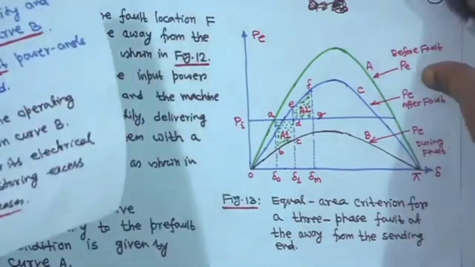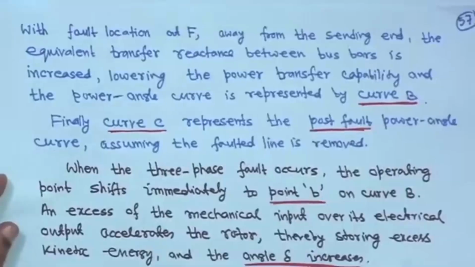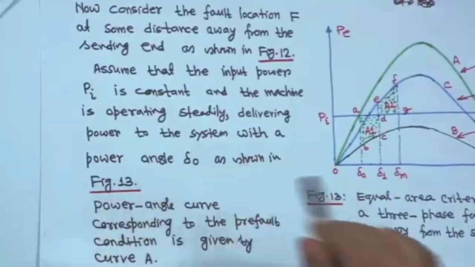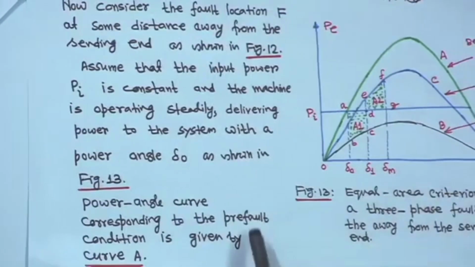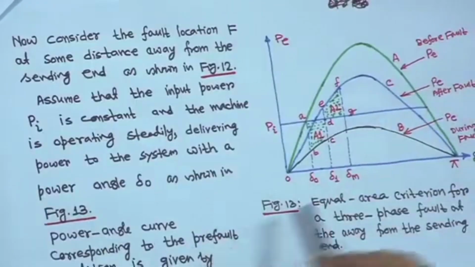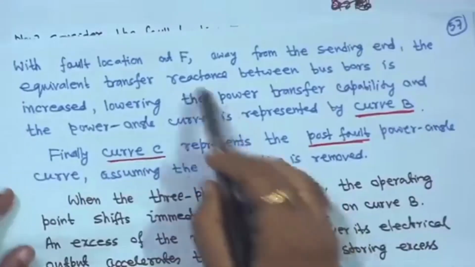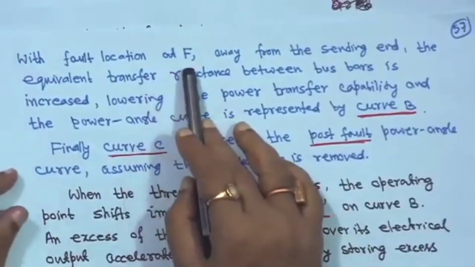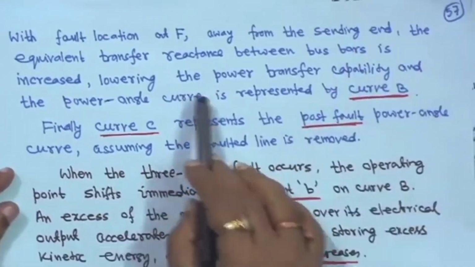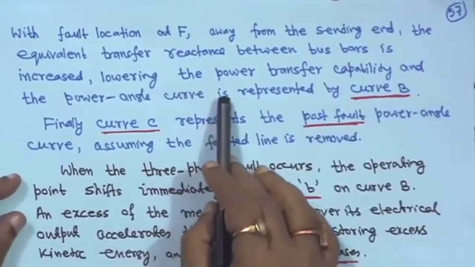Whatever I said, everything is written here. The power angle curve corresponding to the pre-fault condition is given by A. Then, with the fault location F away from the sending end, I told you that the transfer reactance will increase.